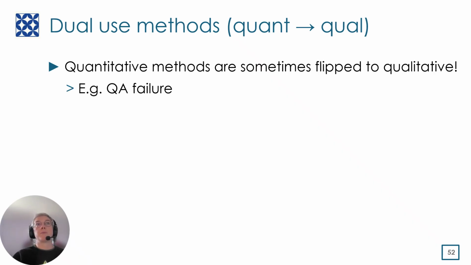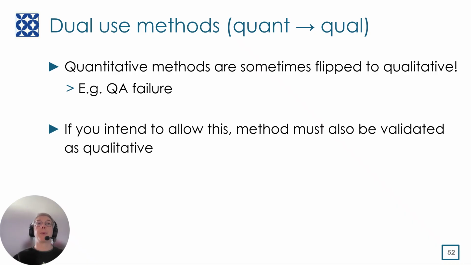Well, for this type of methods, if you intend to allow this in your SOP, your method must also be validated as a qualitative one. So essentially, you must run a quantitative validation, and on top of that, you must make sure that you satisfy all of the criteria for a qualitative method.